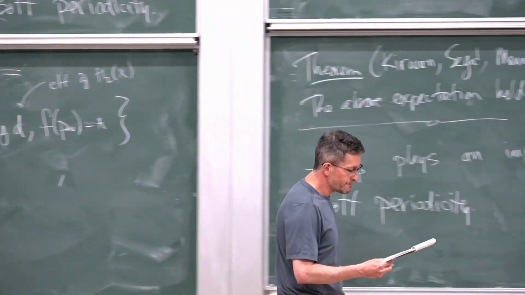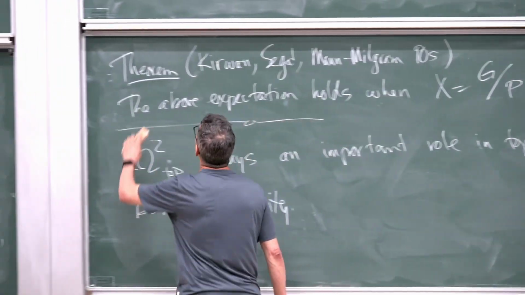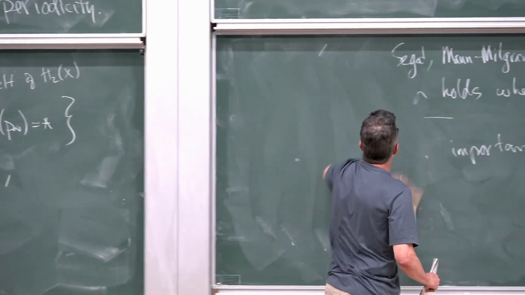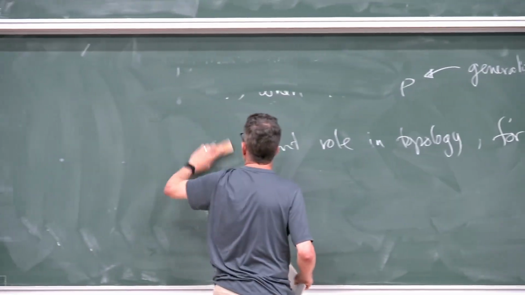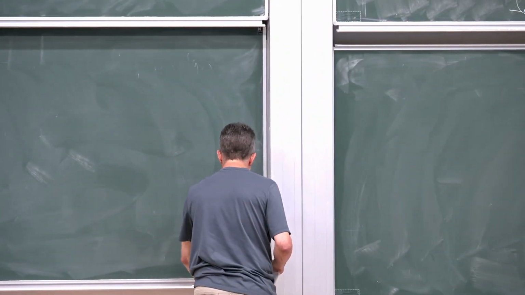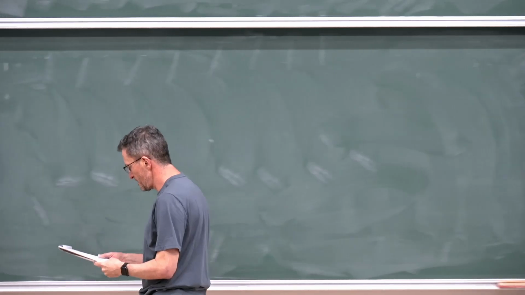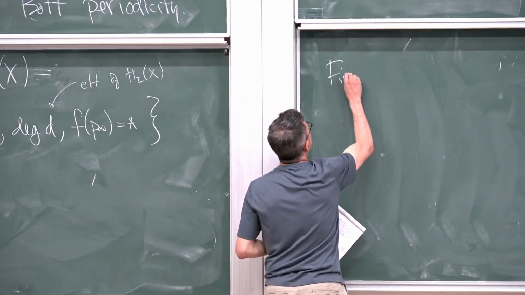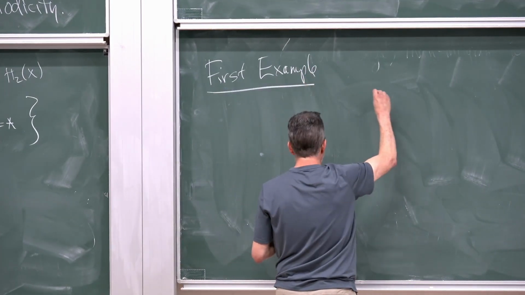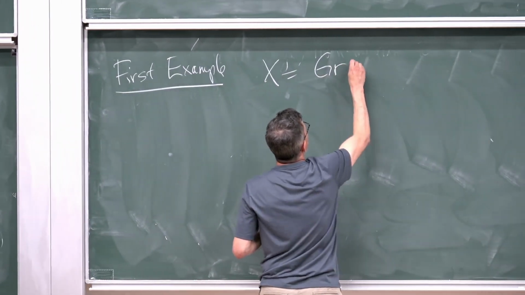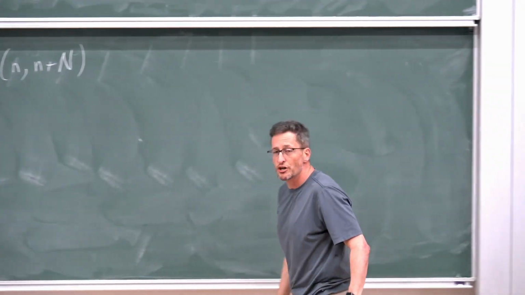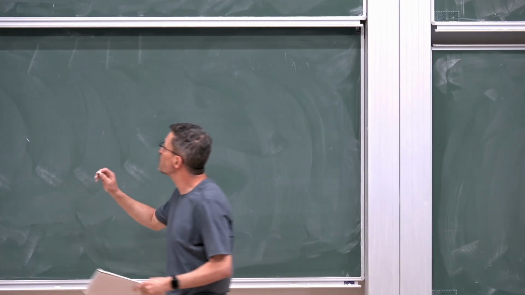Okay, so let me give the first example here. So first example. Let's take X to be the Grassmannian of n-dimensional quotients inside of (n plus capital N)-dimensional space.